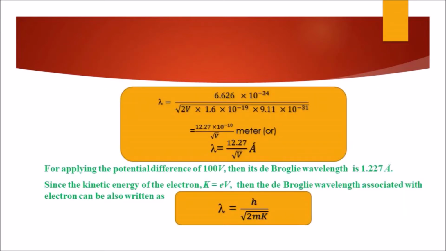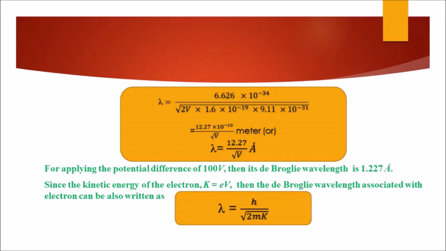Now substituting the known values in the above equation, lambda equal to 6.626 into 10 power minus 34 by root of 2V into 1.6 into 10 power minus 19 into 9.1 into 10 power minus 31.